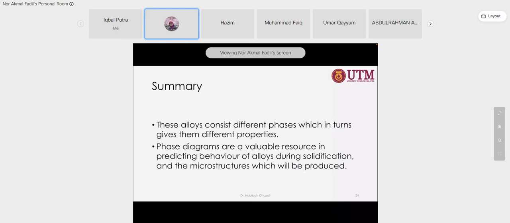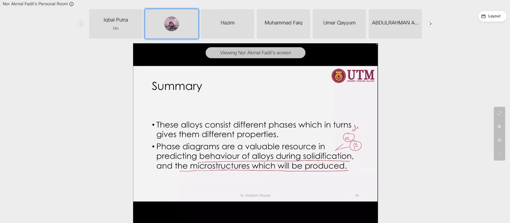Phase diagrams are a valuable resource in predicting the behavior of an alloy during solidification and the microstructure that will be produced. Remember, at a certain temperature, we can predict how many percent alpha and how many percent beta, and we should know the properties of each phase.